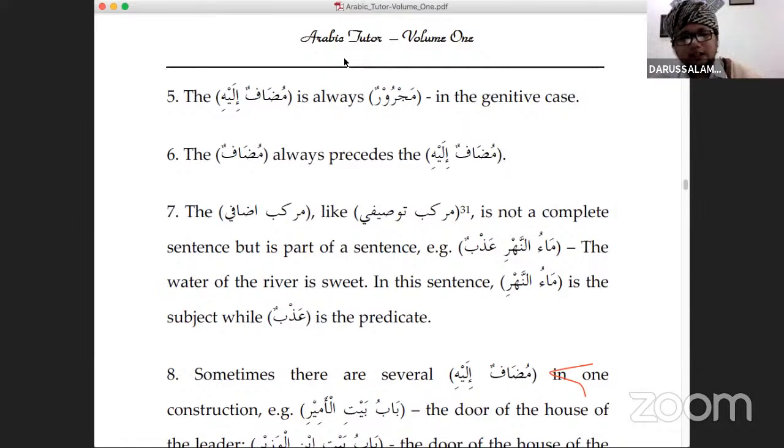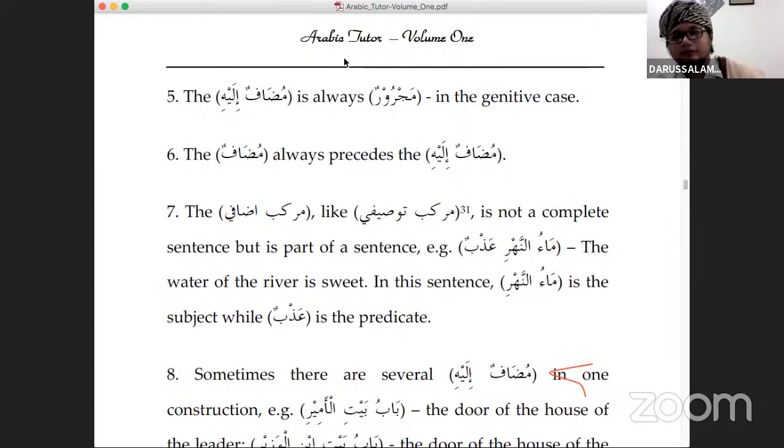Okay? Yang disandarkan. For example, when we say Kitab Zaid, Kitabu Zaidin, if you say Zaid Kitab, it won't make sense. Kalau kita sebut Zaid Kitab, orang tak faham. Dia mesti sebut Kitab Zaid. Kitabu Zaidin, tak boleh sebut Zaidu Kitabin.